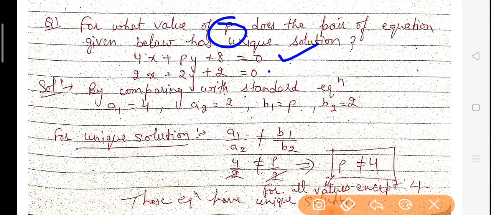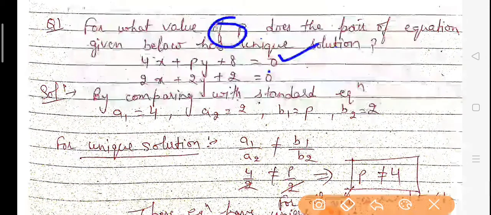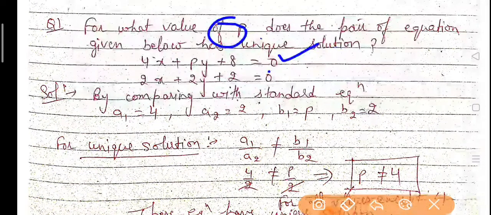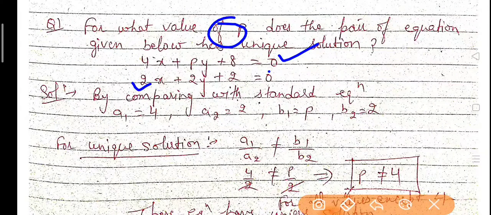Now what we can do, we will compare these two linear equations with the standard one. After comparing, we will get a1 as 4, a2 as 2, b1 as p, b2 as 2, and c1 and c2, but we will not need those in the unique case.